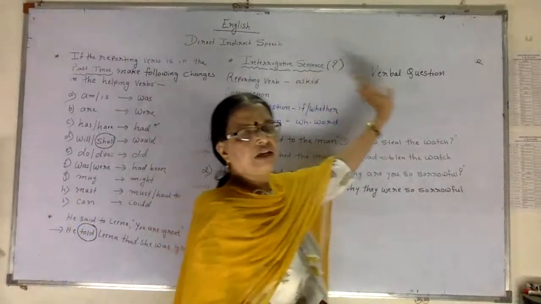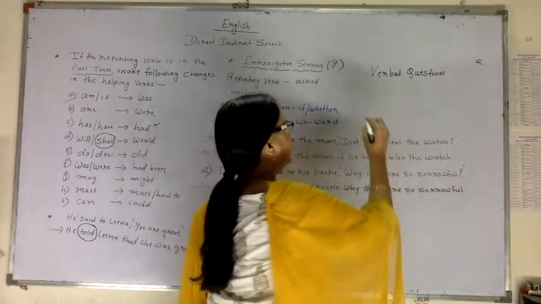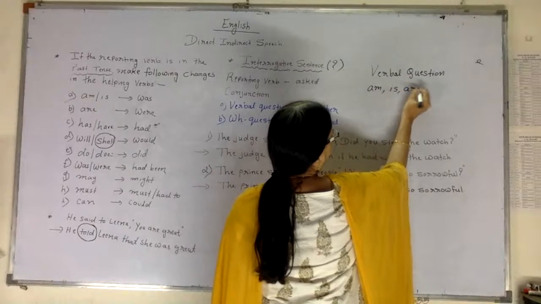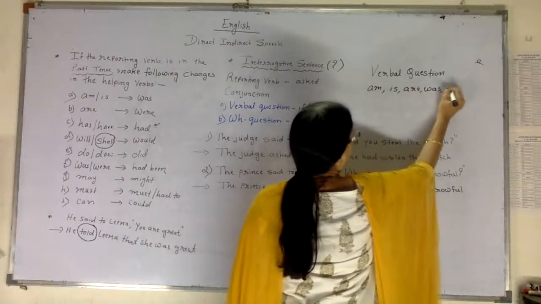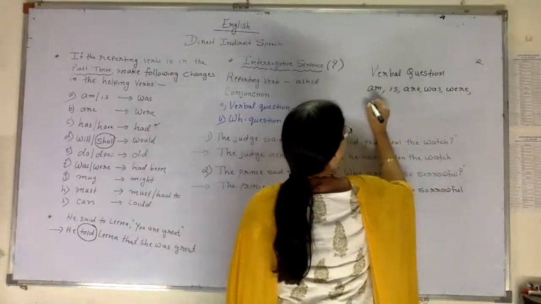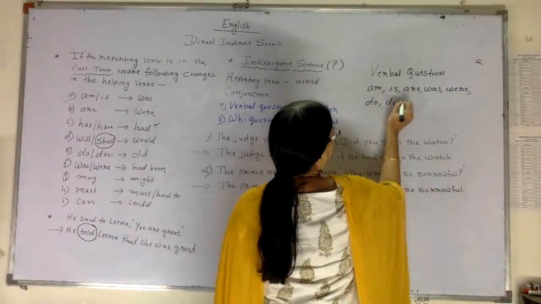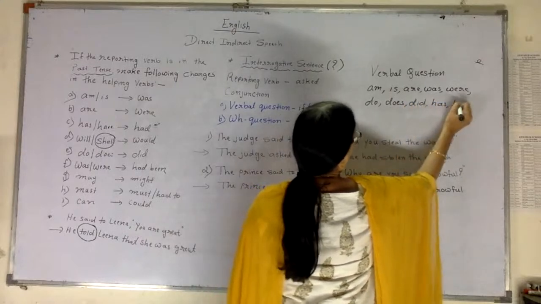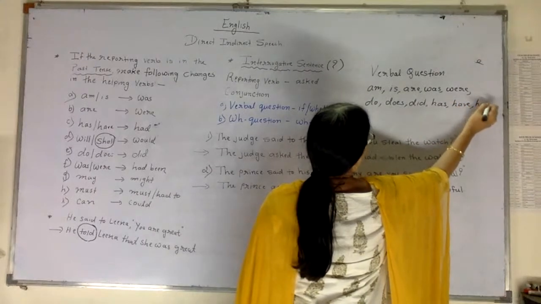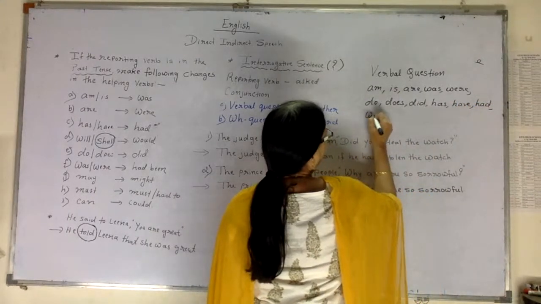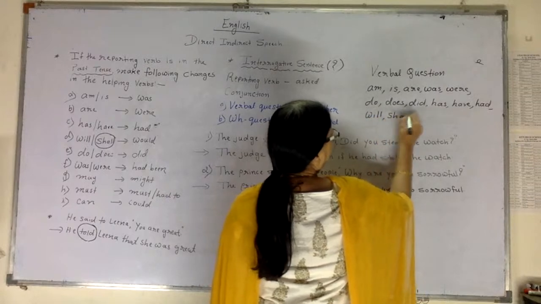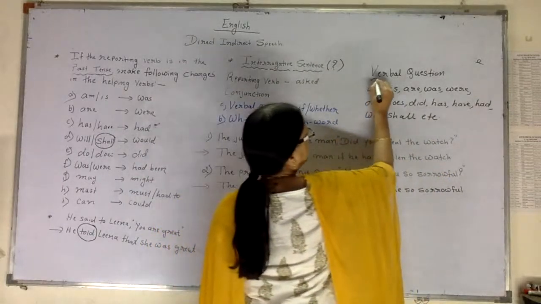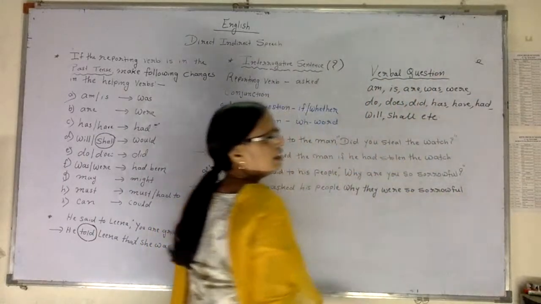A verbal question will always begin with a helping verb, that is am, is, are, was, were, do, does, did, has, had, then will, shall, etc. Okay, these are all helping verbs, and the verbal question always begins with the different forms of to be, that is, helping verbs.